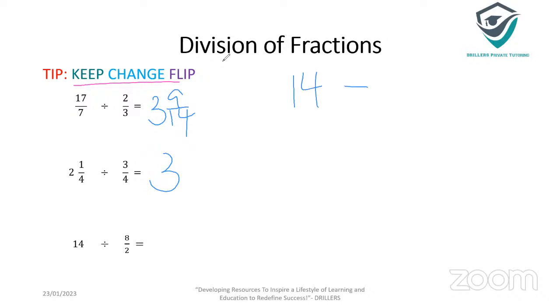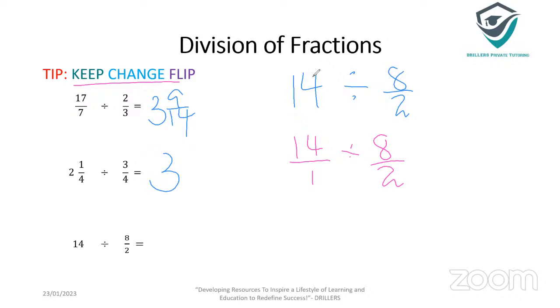1. So if we have 14 divided by 8 over 2, we can rewrite that as 14 over 1 divided by 8 over 2. So we have no mixed numbers, so that means we can just go straight to the tip.